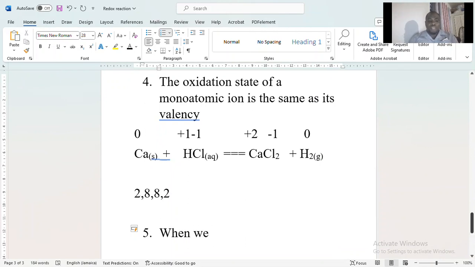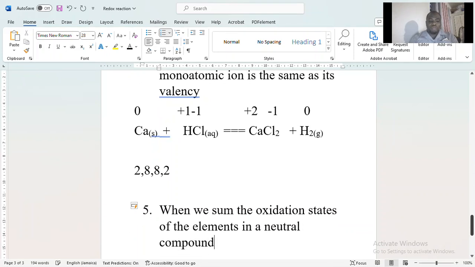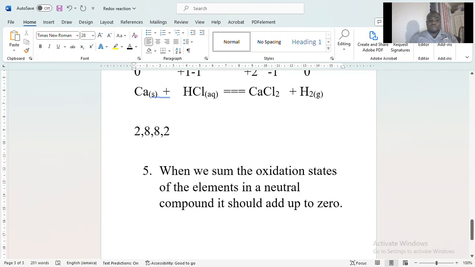When we sum the oxidation states of the elements in a neutral compound, it should add up to 0. We're going to be doing some examples for this one.